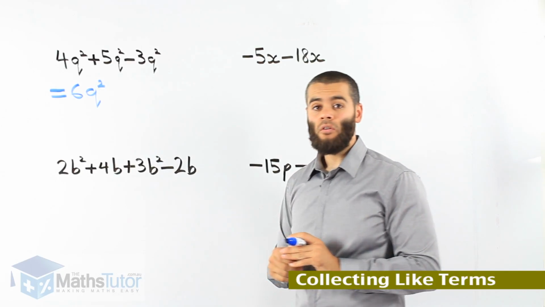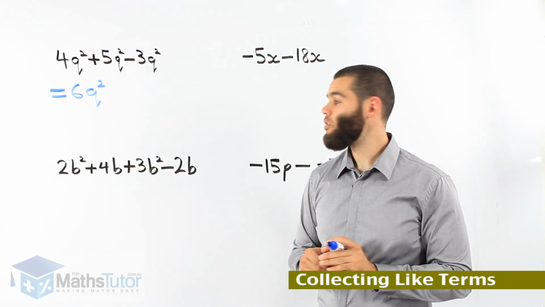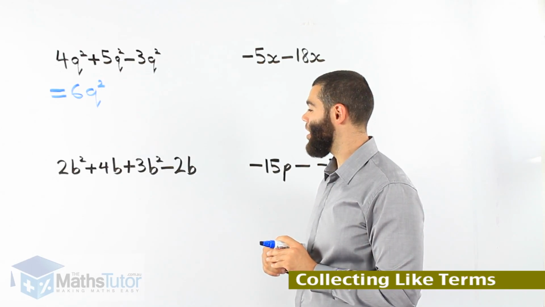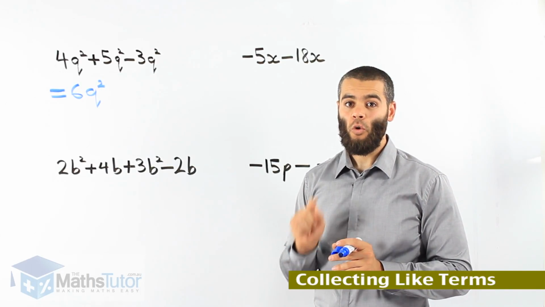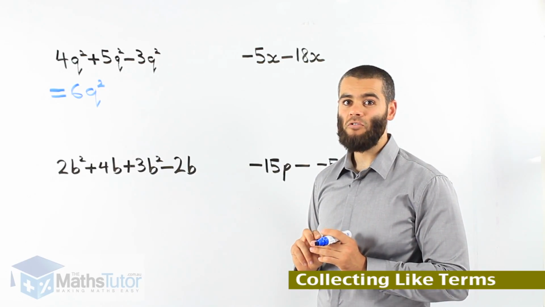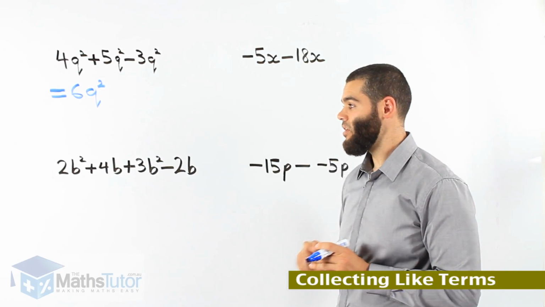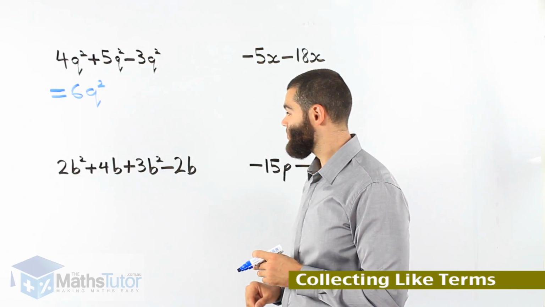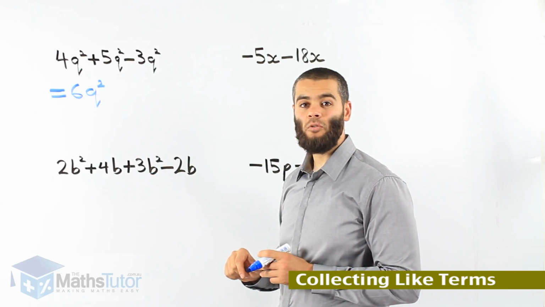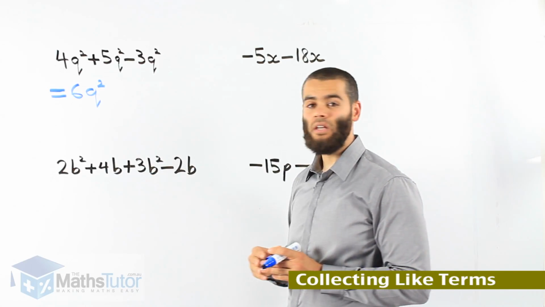Looking here, once again, we look for like terms. 2b squared plus 4b plus 3b squared minus 2b. Hang on, what can you tell? We do have like terms, but at the same time we have terms that are different. 2b squared, 4b, 3b squared, and 2b.